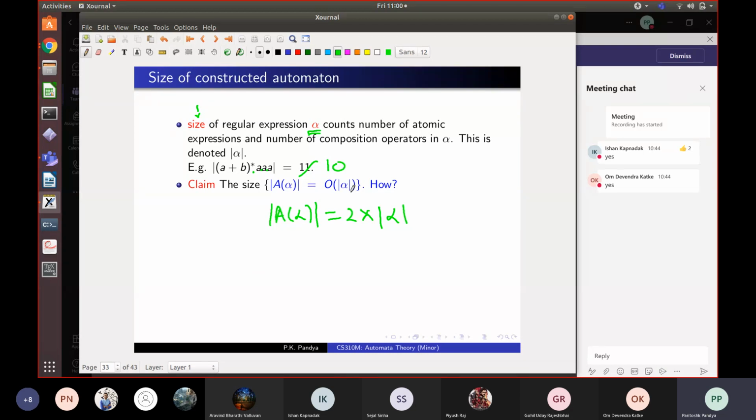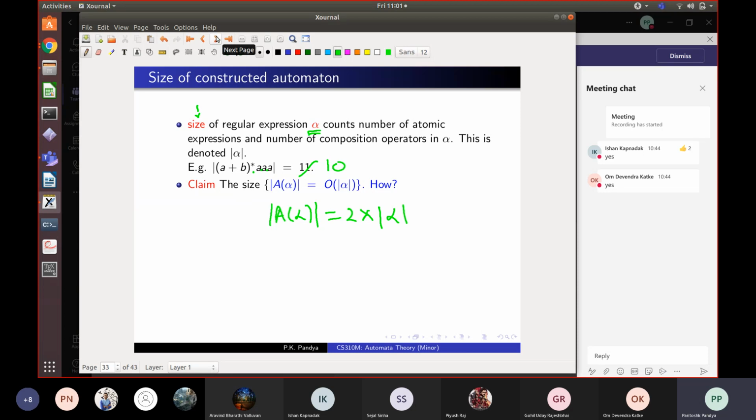Of course, when we convert it to a DFA, we will get an exponential blow up, but at least the NFA is not very large. So we can easily convert a large regular expression into an automaton which is not too large, at most double the number of states or something like that.